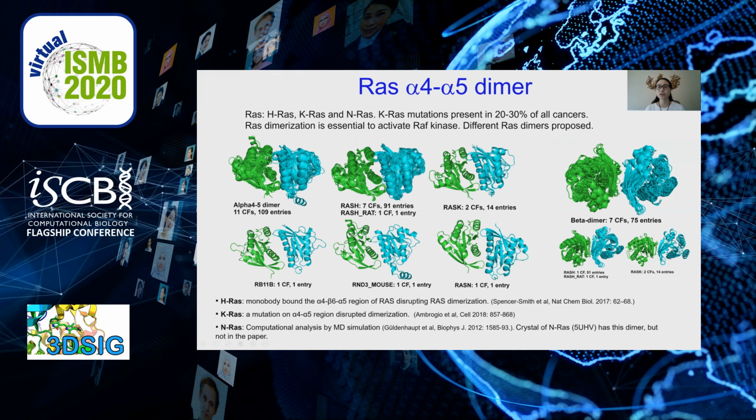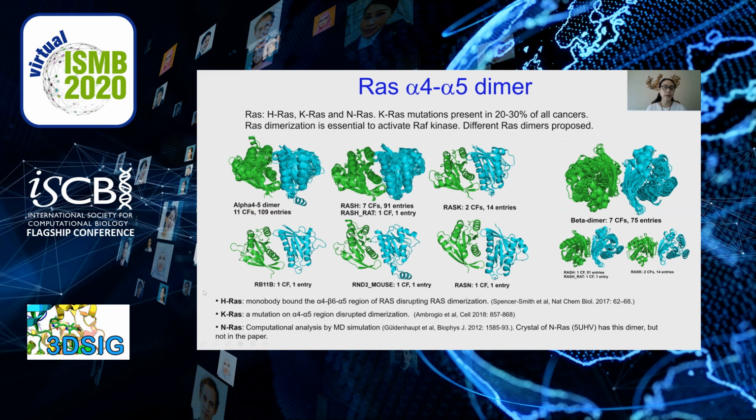The beta dimer cluster contains HRAS and KRAS, but HRAS only has 1 crystal form. For the alpha-4,5 dimer cluster, HRAS has 7 crystal forms for 91 structures, and the cluster also contains KRAS and NRAS.